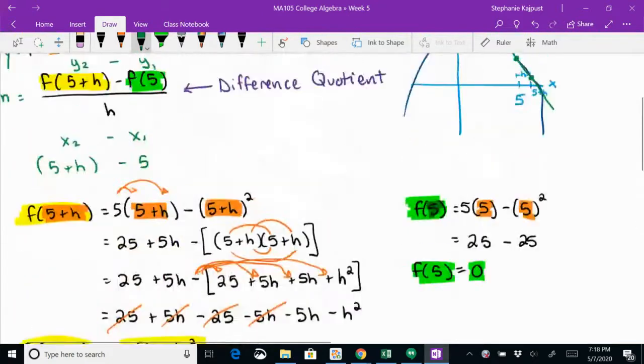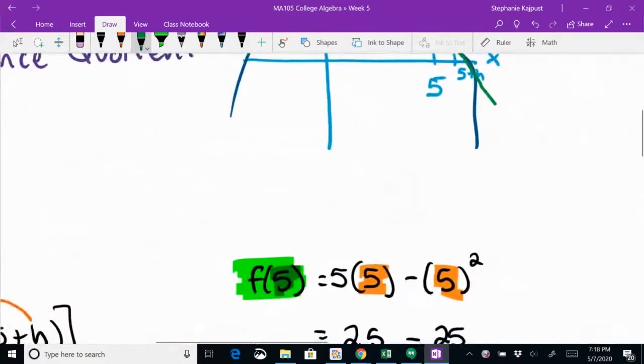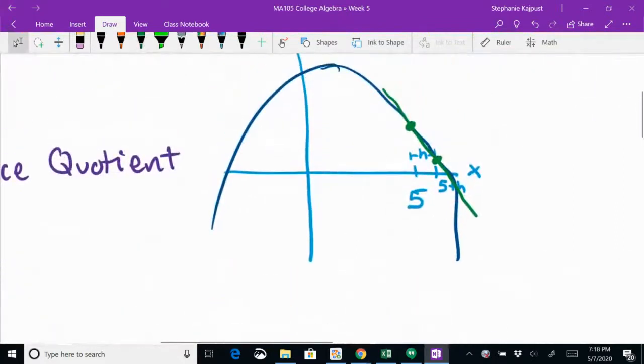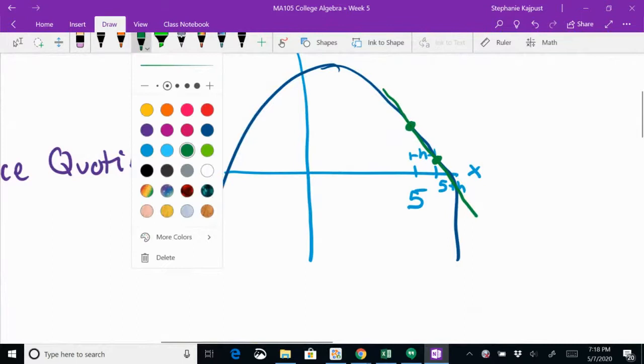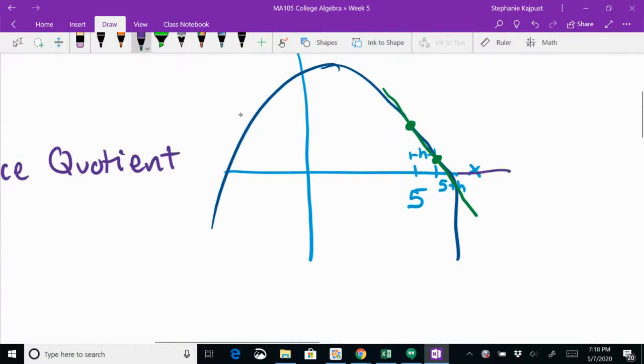So if I go back to my graph here, I kind of zoom in. Let's say I wanted to be at 6. And so this difference here is h equals 1. And so I want to know, what would be the slope of the line between 5 and 6, or the slope of the graph.